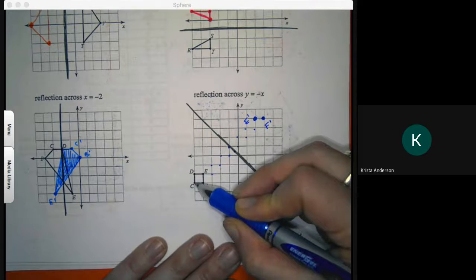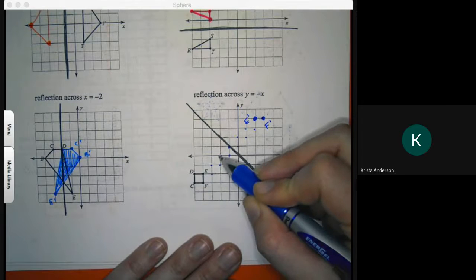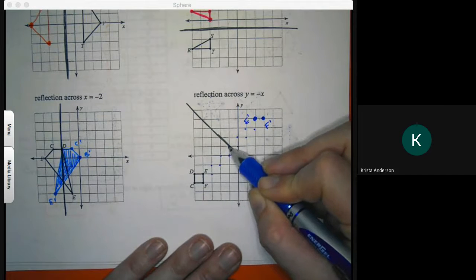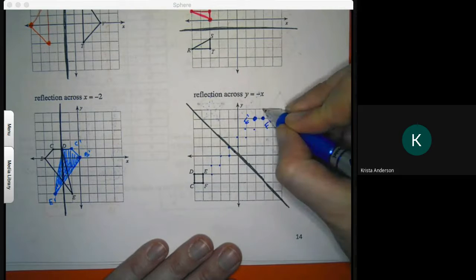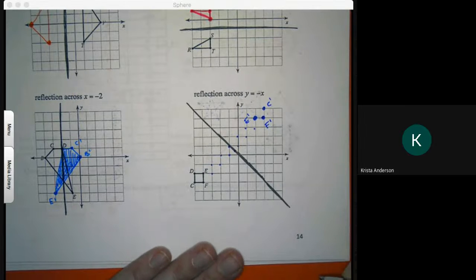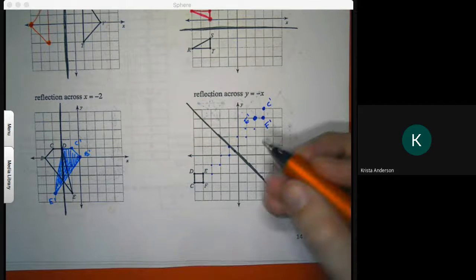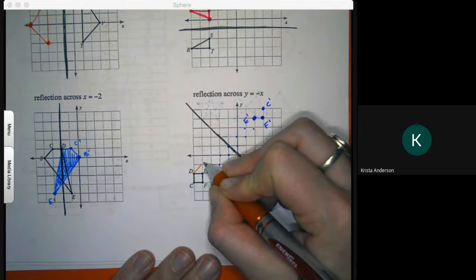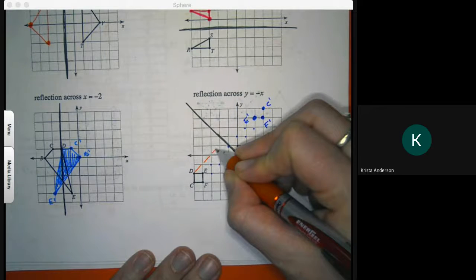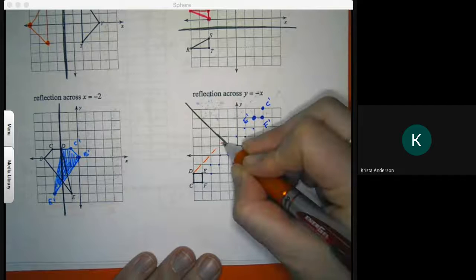C would be 1, 2, 3, 4 away. D is a half one again. If you want to imagine drawing a line, it's 1, 2, 3 and a half movements.